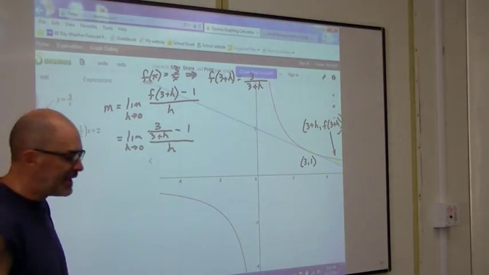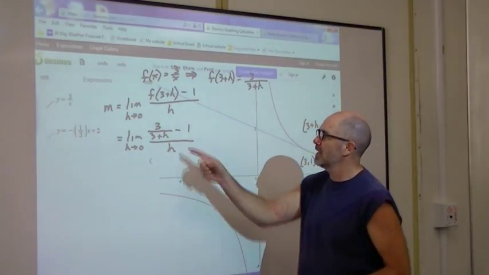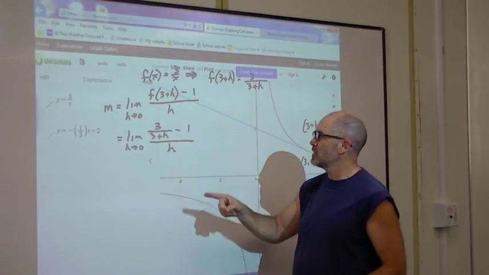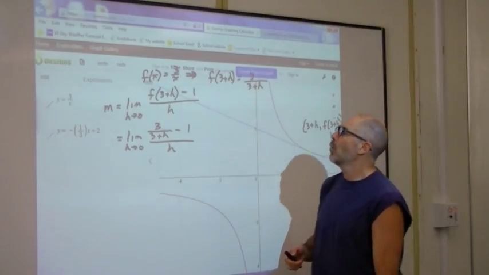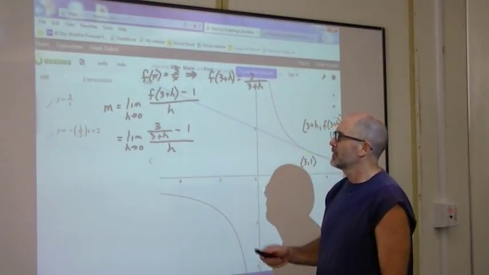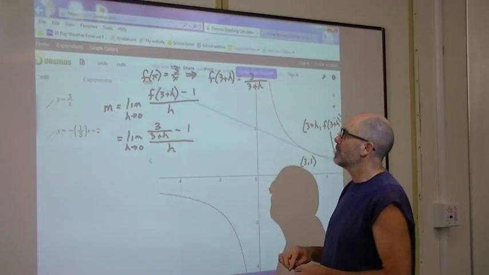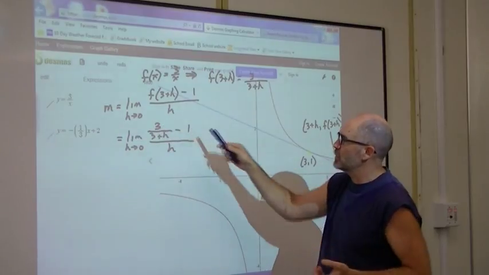Okay, so let's allow h to approach 0 now. So let's just plug in 0 for h. Well, I have 3 over 3, which is 1, minus 1, which is 0, 0 over 0 again. So, once again, we have to do some work to get this where we can actually evaluate it. So what I'm going to do is get common denominators up on top.